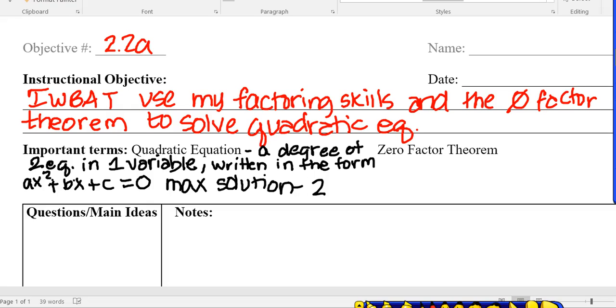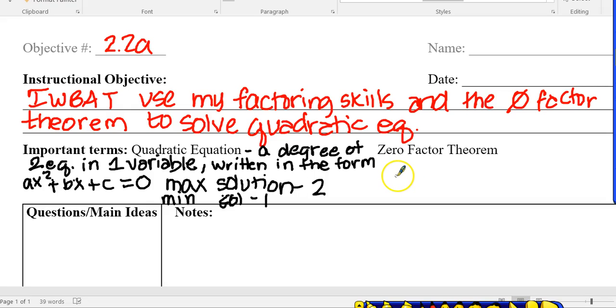We'll go deeper into that when we start talking about completing the square and using the quadratic formula. Okay, so max solutions 2, and the minimum would be 1. Either it has 1 or it has 2. So keep that in mind.